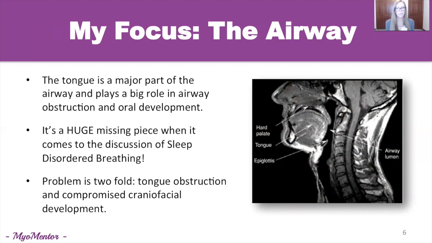I'm going through this in pretty broad terms, but we actually do have a lot of research showing kids with tongue ties being more likely to develop sleep apnea, and kids who breathe through their mouth being more likely to develop sleep apnea. And this isn't just when they're kids. We know that adults who were mouth breathing kids or tongue tied kids are very likely to grow into adults with sleep apnea.